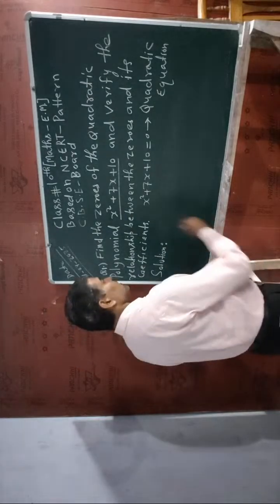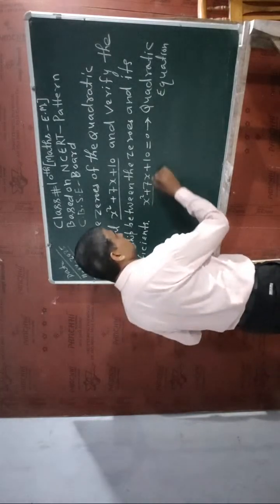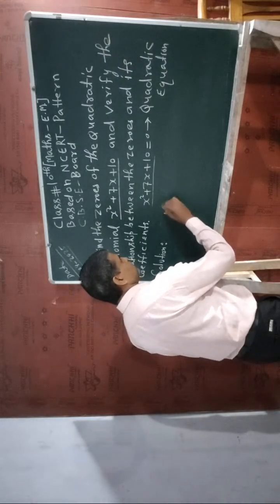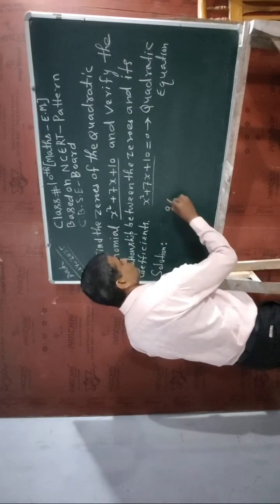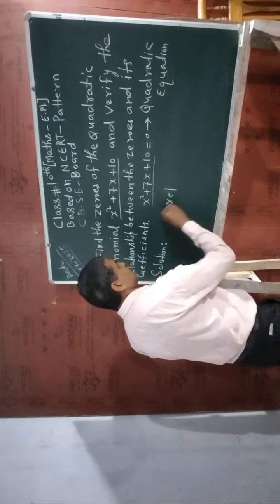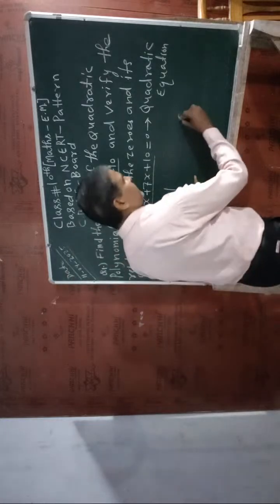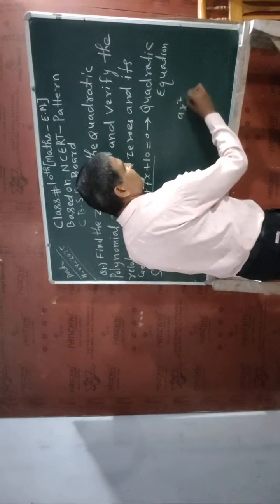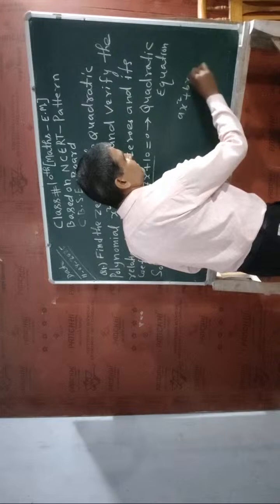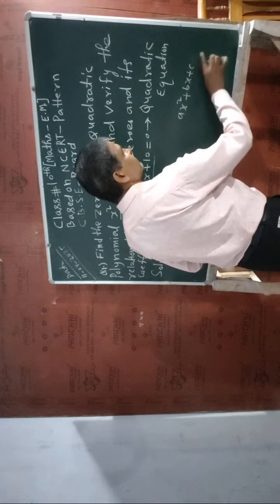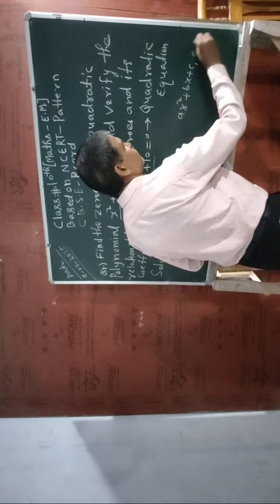now here this is a quadratic equation. So in here I will take the value of a into c, and I will take its mod. The general quadratic equation I know is ax square plus bx plus c, where a is not equal to 0.